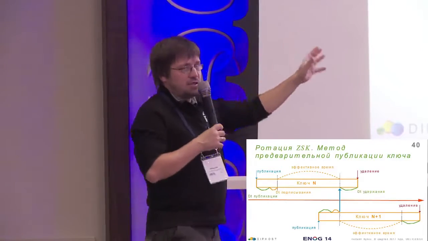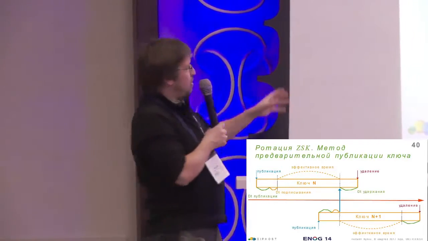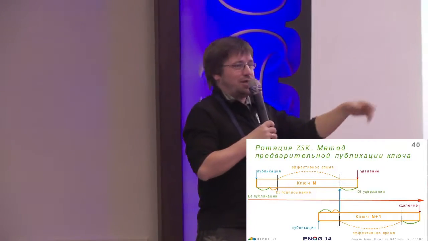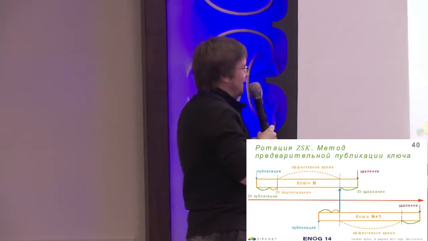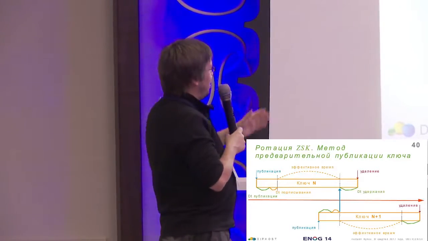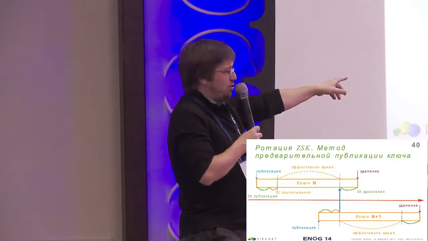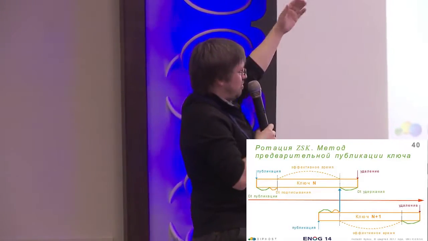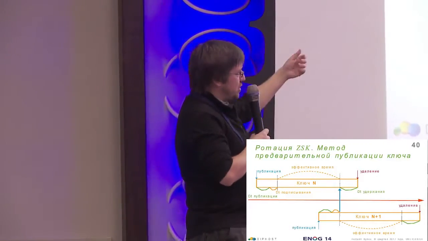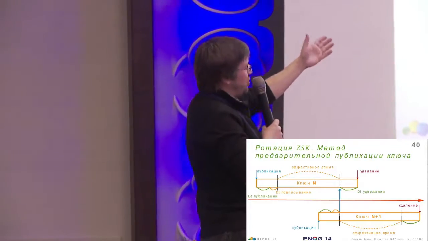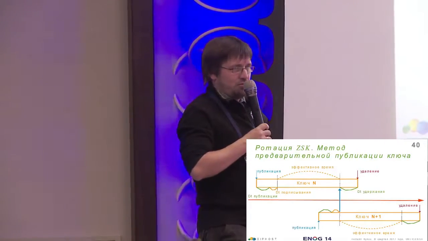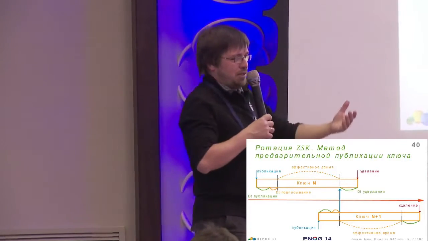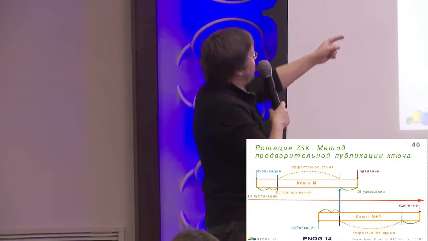Therefore, everything is simple. You define for yourself, according to your parameters, the time when you believe it is high time to roll over the key. For example, it is stolen, or you suspect it being stolen. You publish the key, wait for some time when all the resolvers take it, wait for some other period, and after that you resign it.